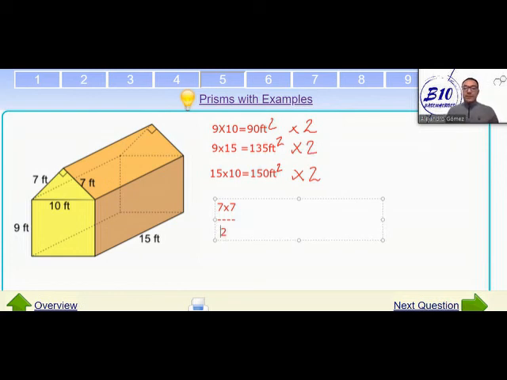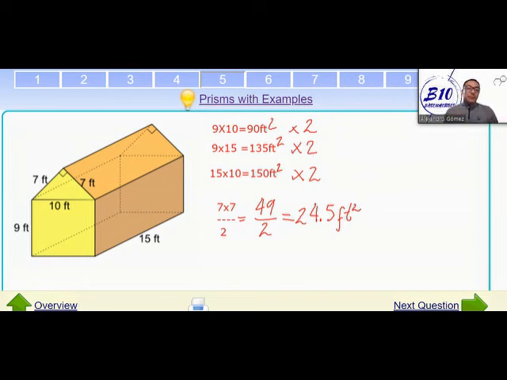This is 49 divided by 2. And how much is 49 divided by 2? 49 divided by 2 is 24.5. In this case, 24.5 is square feet, because this is area.